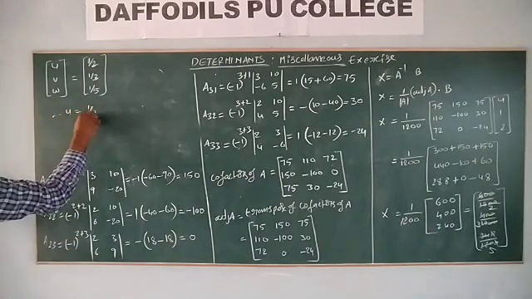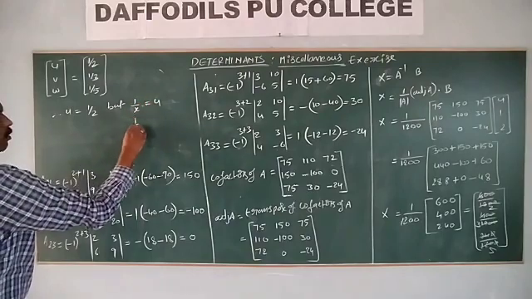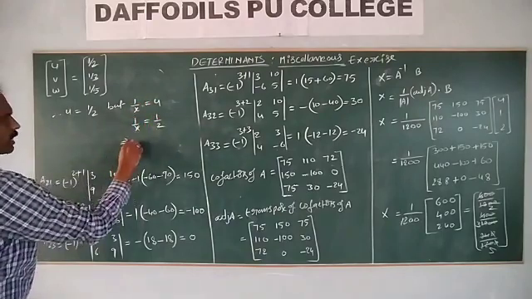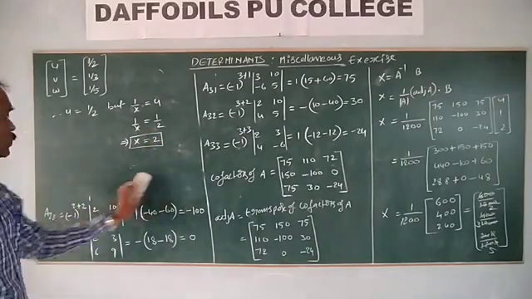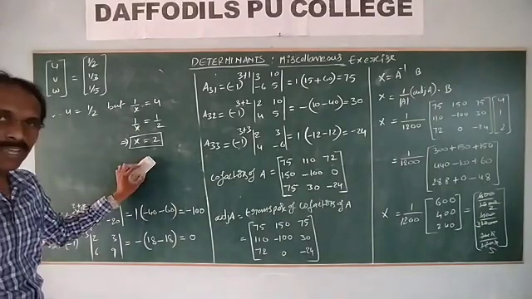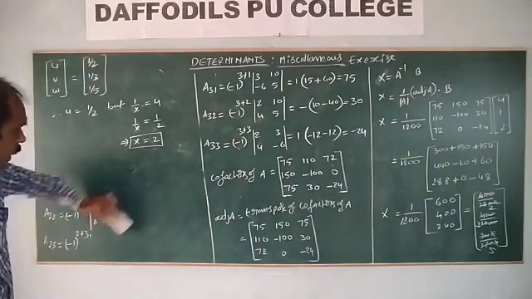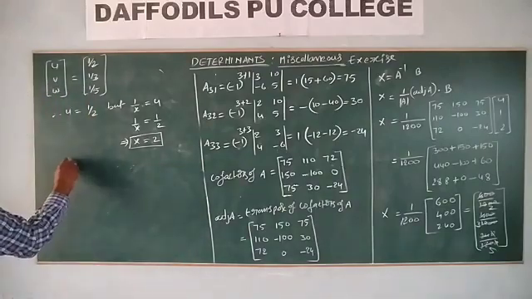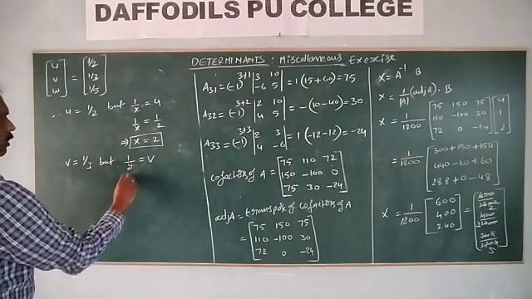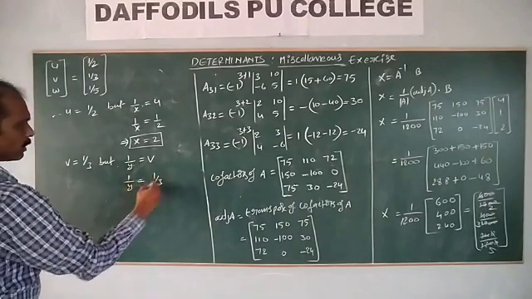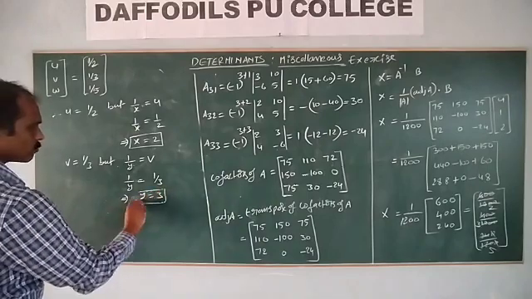Therefore, u is equal to 1 by 2, but 1 by x is equal to u. So 1 by x is equal to 1 by 2, which implies x is equal to 2. Next, v is equal to 1 by 3, and 1 by y is equal to v, so y is equal to 3.